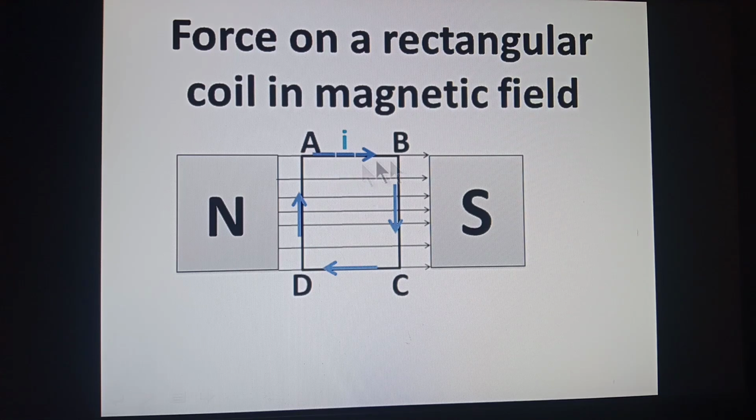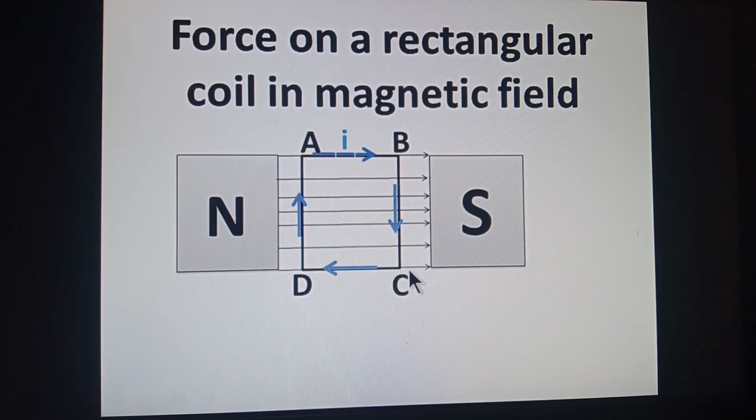Now students, you know that when current carrying coil is placed in the magnetic field, the field exerts force on it. And this force, along with the other factors, also depends on the direction which the coil or wire or the conductor is making with the magnetic field. In this case, from A to B, the segment of wire is parallel to the magnetic field.